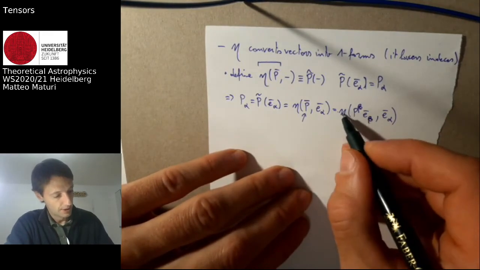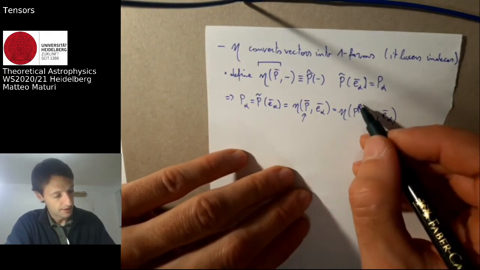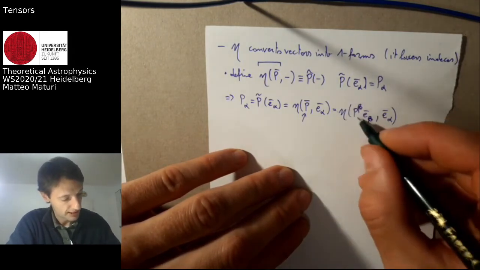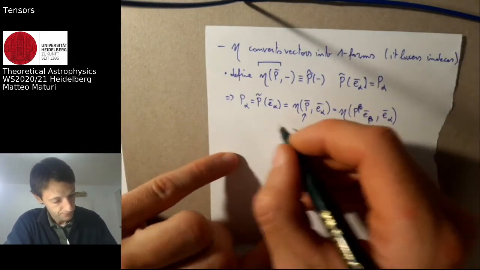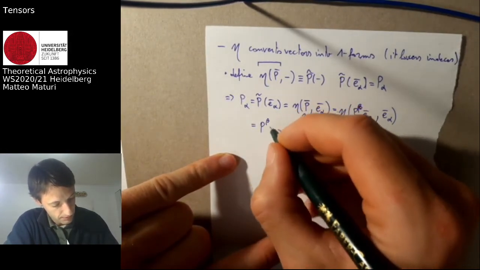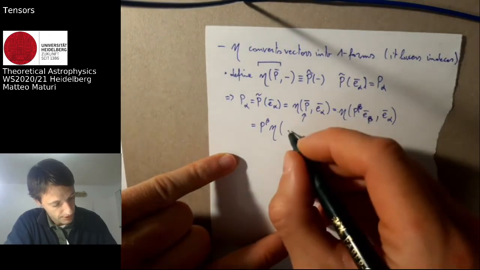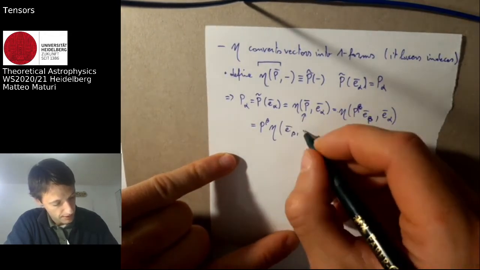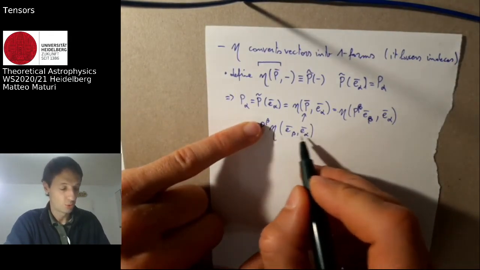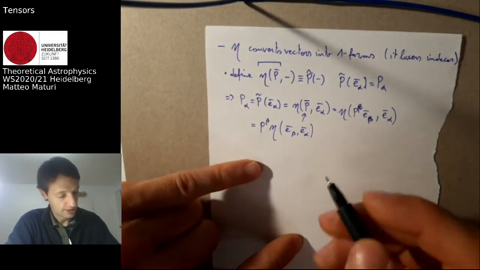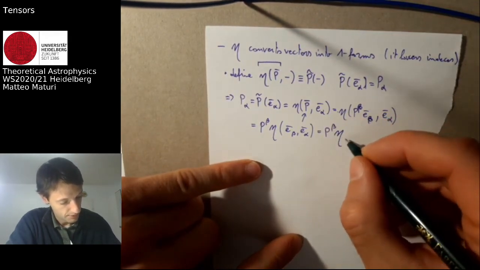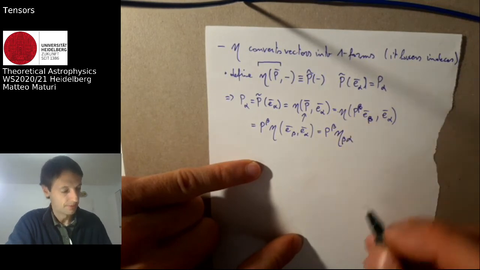Again, nu is a linear mapping, therefore I can take this outside because it's a scalar multiplied by a vector, and I obtain P beta nu, this remains inside, and then E bar alpha. Again, I have a bilinear mapping, and I'm introducing the basis on which it is constructed, and I'm getting in this way its components, which are beta and alpha.